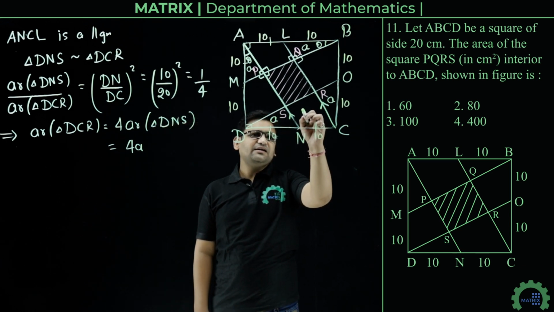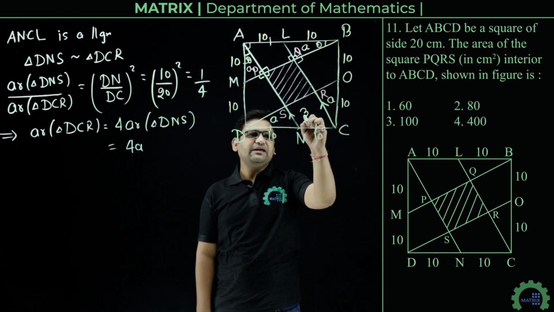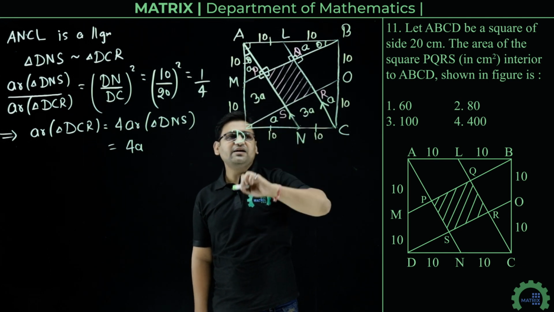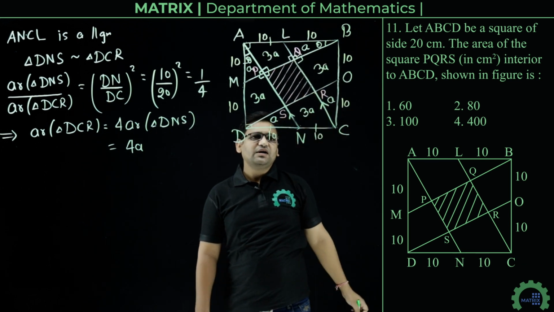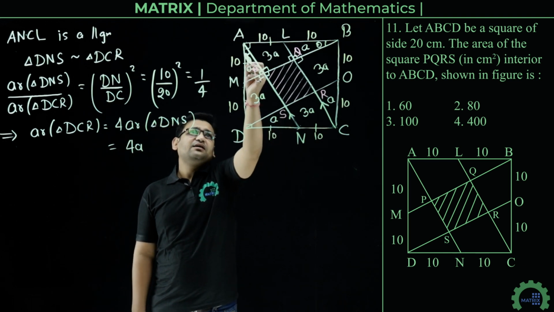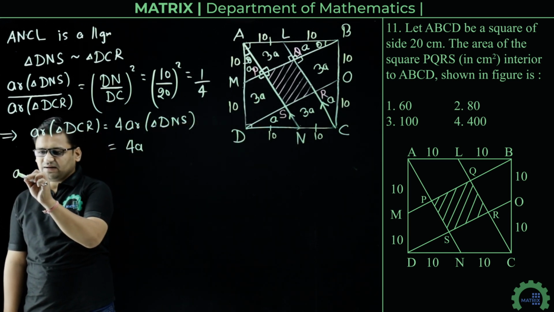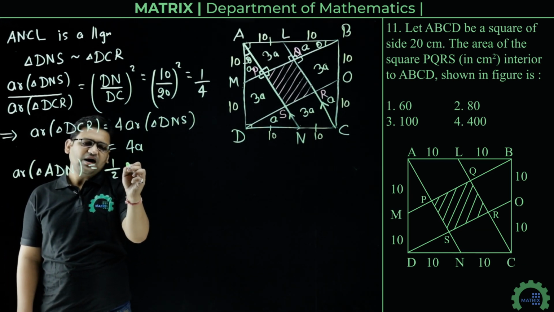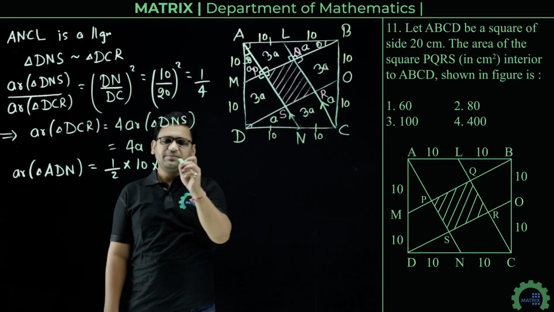So we can say that the area of quadrilateral SNCR will be 3A. Similarly, this area is A, so this area will also be 3A, and similarly this area will also be 3A and this area is 3A. Now we can find the value of A. Area of triangle ADN is half into base into height, half into base 10 into height 20.